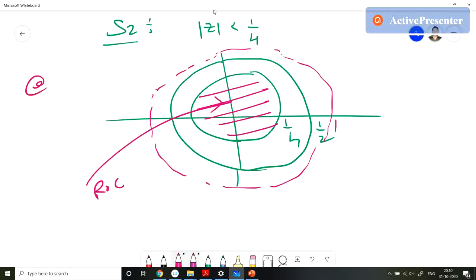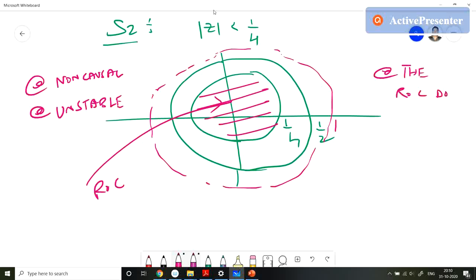First, it is non-causal. Second, it is unstable. Why is it unstable? Because the ROC does not include the unit circle.